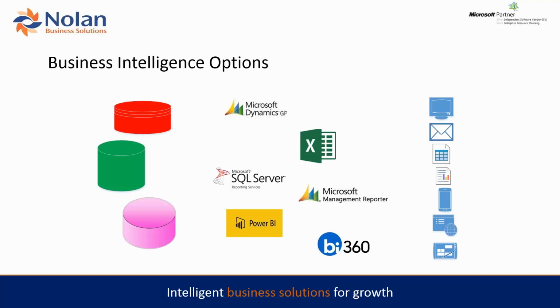Those Excel spreadsheets can be sent out as refreshable spreadsheets. So even if a user hasn't got access to GP, they can refresh the spreadsheet and get a view of the data that's within GP. Or you can open up those Excel spreadsheets from within GP itself.